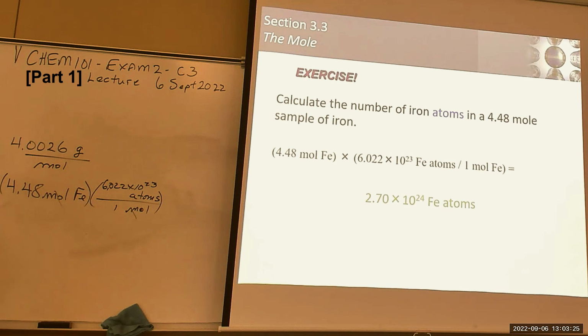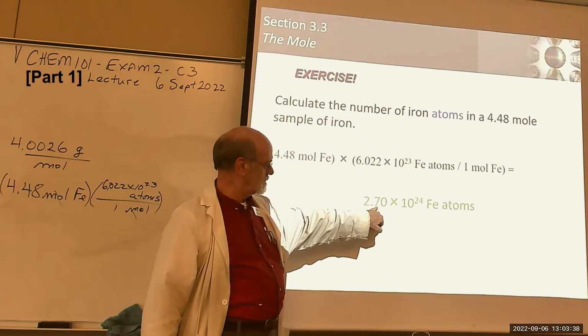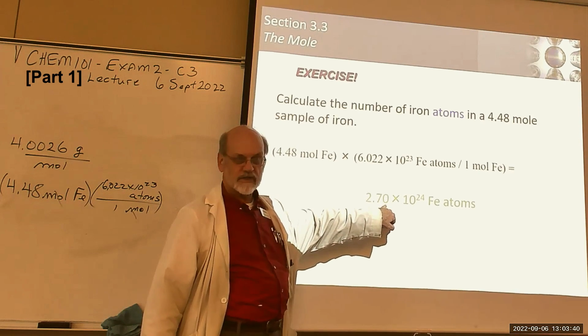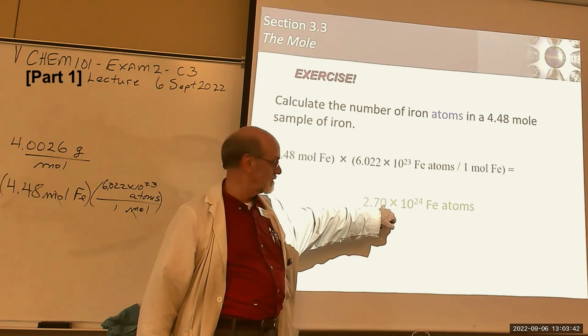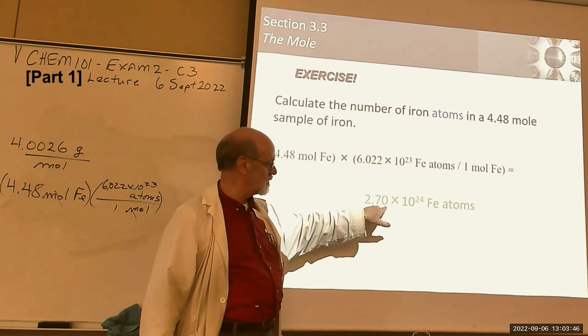And notice, like any other measurement, any other calculation, there is uncertainty. This still has certain digits and 1 uncertain digit, the way we've presented it. It's got 3 significant figures, 2 certain, 1 uncertain.